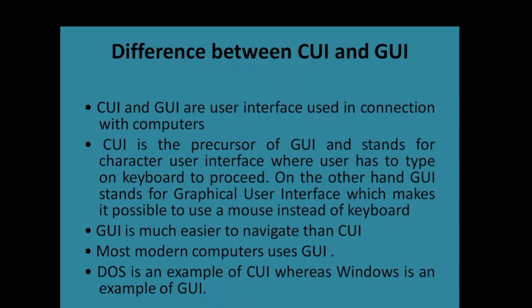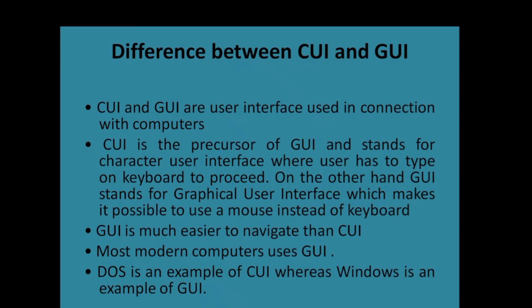Means if a user wants to perform a task in the CUI, then he or she has to type using the keyboard. On the other hand, GUI stands for graphical user interface, which makes it possible to use a mouse instead of the keyboard. In GUI, we mostly use the mouse because it supports the pointer device.